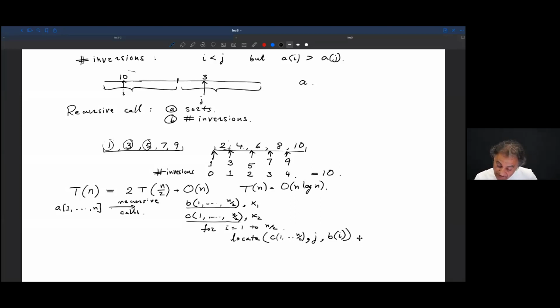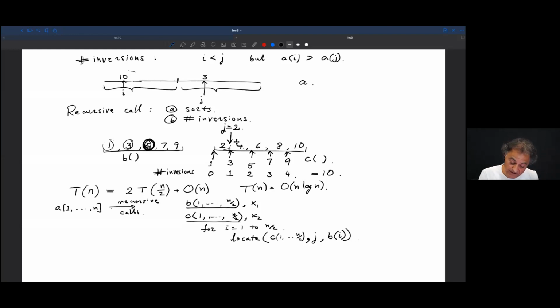So what are these three things? This is the array B. This is the array C. If we are currently processing the element 5, what it takes is the index j. Right here, j is equal to 2.